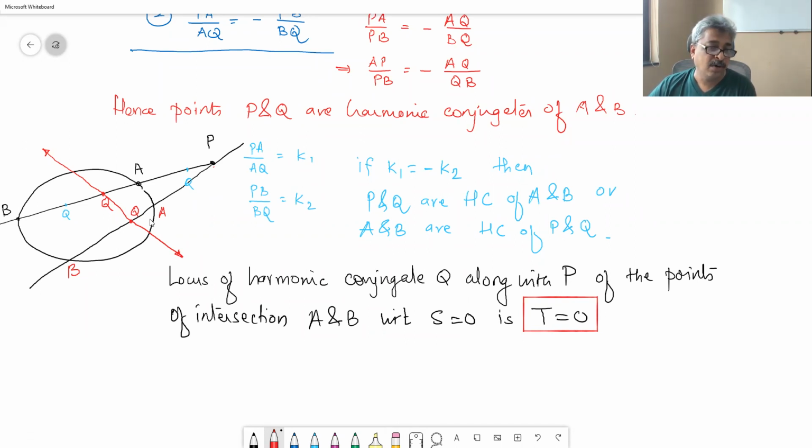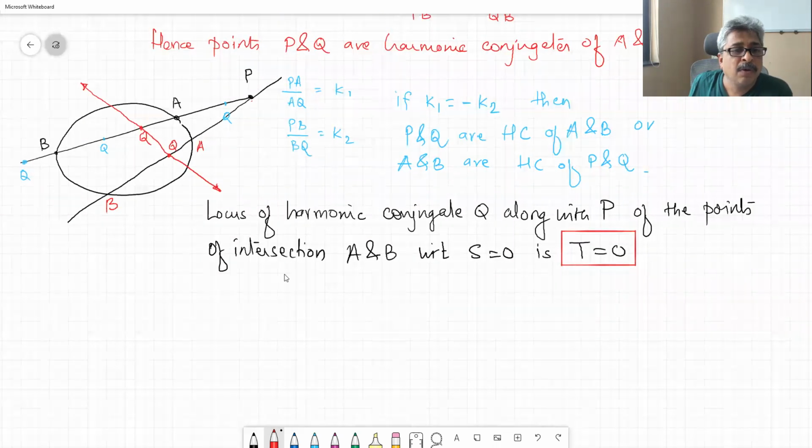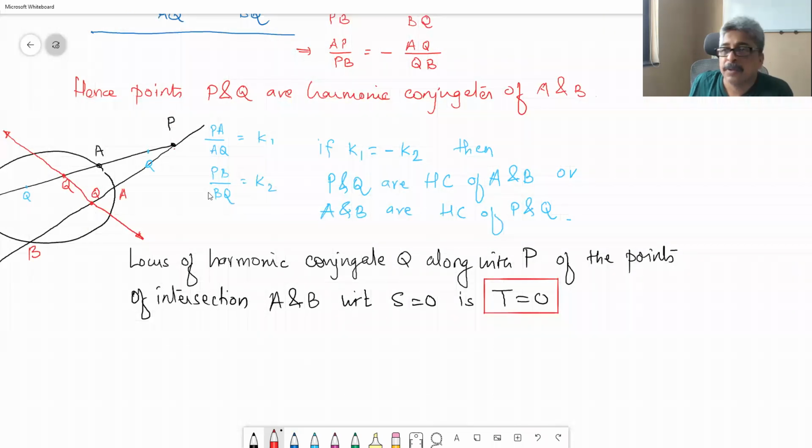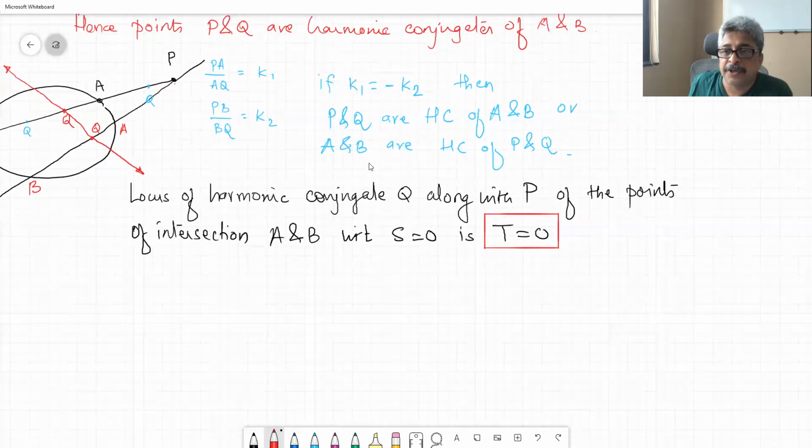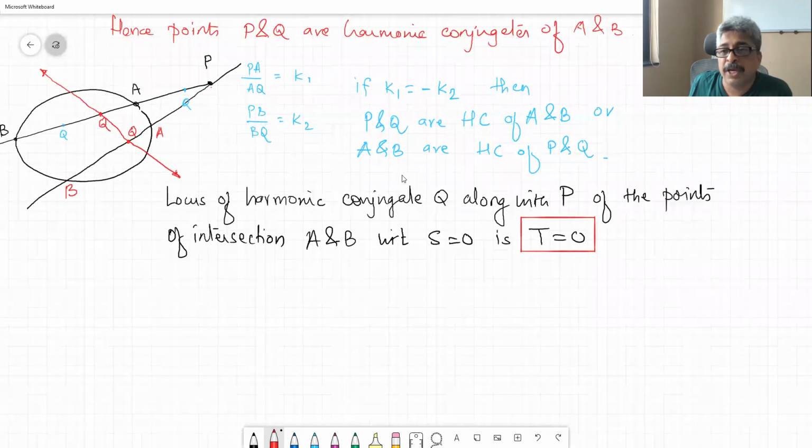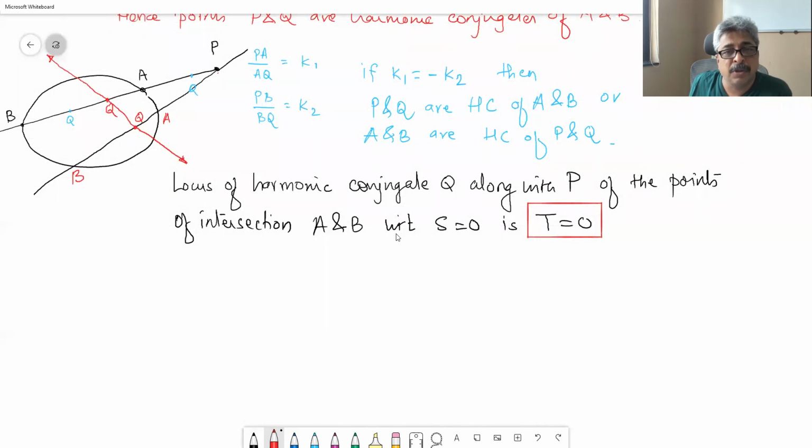Basically, we are trying to find the locus of the harmonic conjugate Q along with P with respect to the points of intersection A and B, and we claim that the locus of Q is a straight line and it is the equation T equal to 0. This proof or solution is going to be very important because of many different things which we will try to understand. Okay, so this is the correct setup.